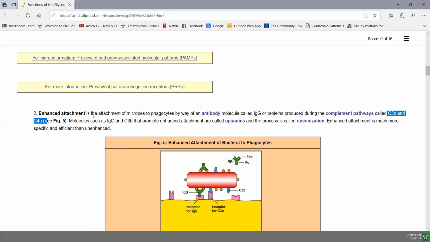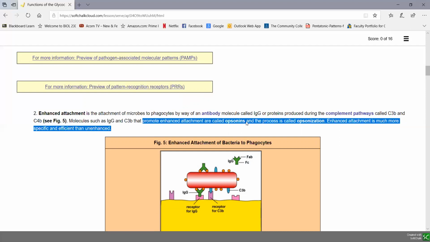So what we're saying here is that molecules we make during body defense, like IgG produced during humoral immunity or antibody production, and C3b produced by the complement pathway, can stick microbes to phagocytes, acting like a molecular cement that attaches the bacterium to the phagocyte. And so these molecules that promote attachment for enhanced attachment are called opsonins.